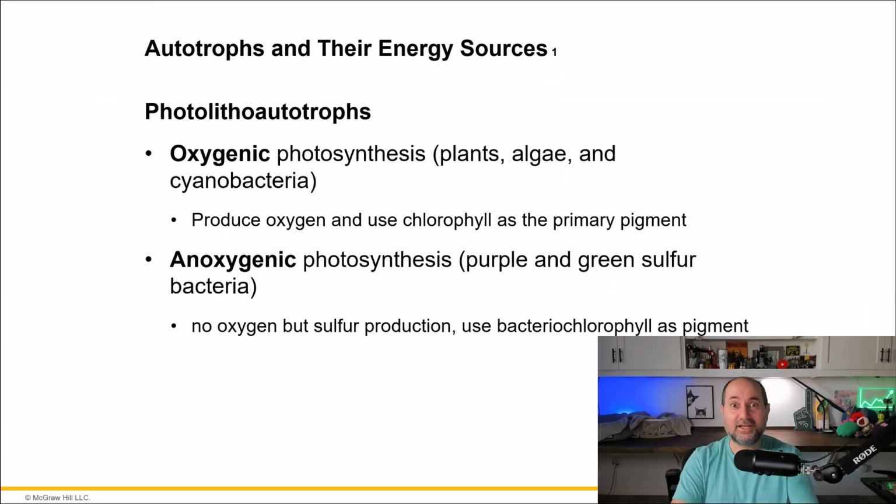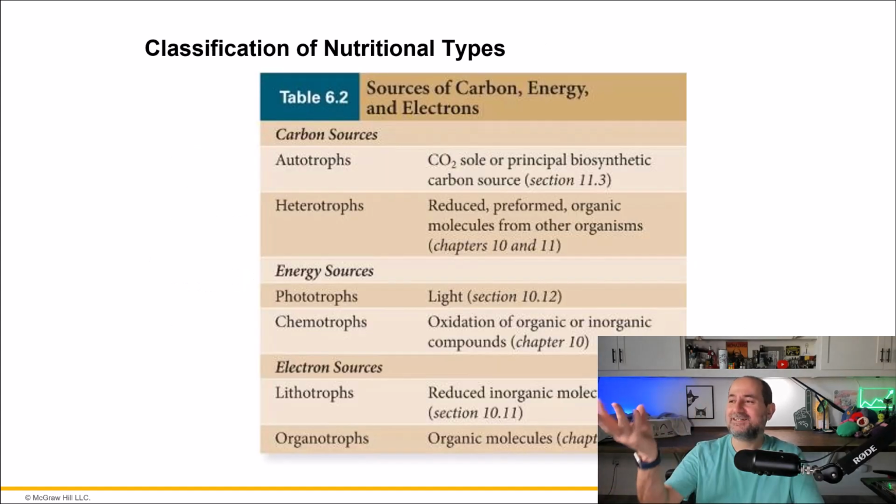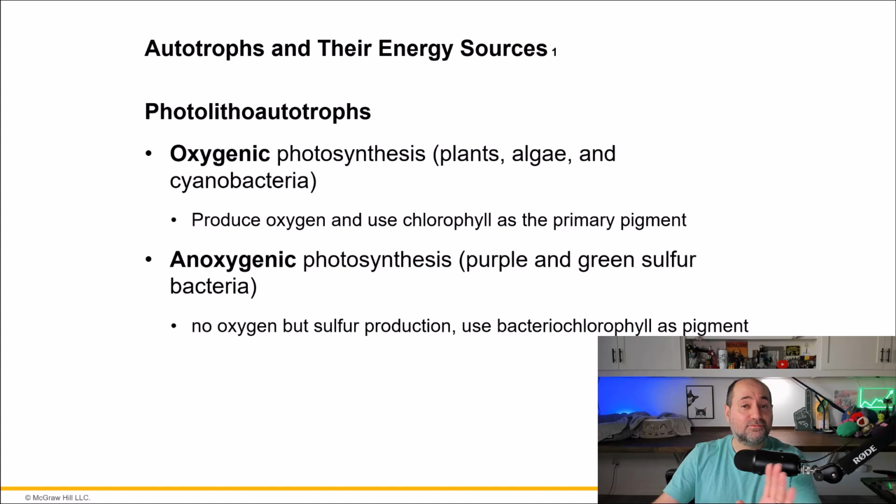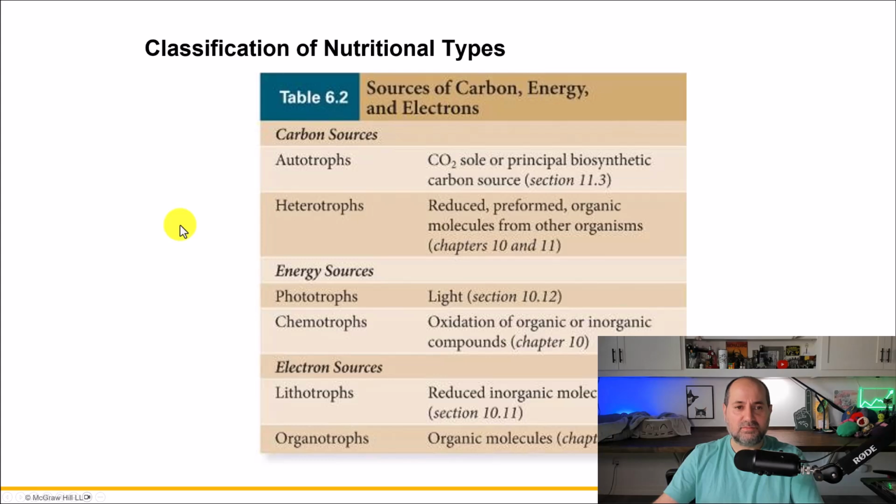Does that make sense? Now let's combine all these terms, okay? Did you know that you can combine all of these terms in order to define a nutritional type for an organism? So for instance, plants and other photosynthesizers are called photolithoautotrophs. Wow, that's a mouthful, but don't get overwhelmed by this term. Instead, look at this table to break it down.